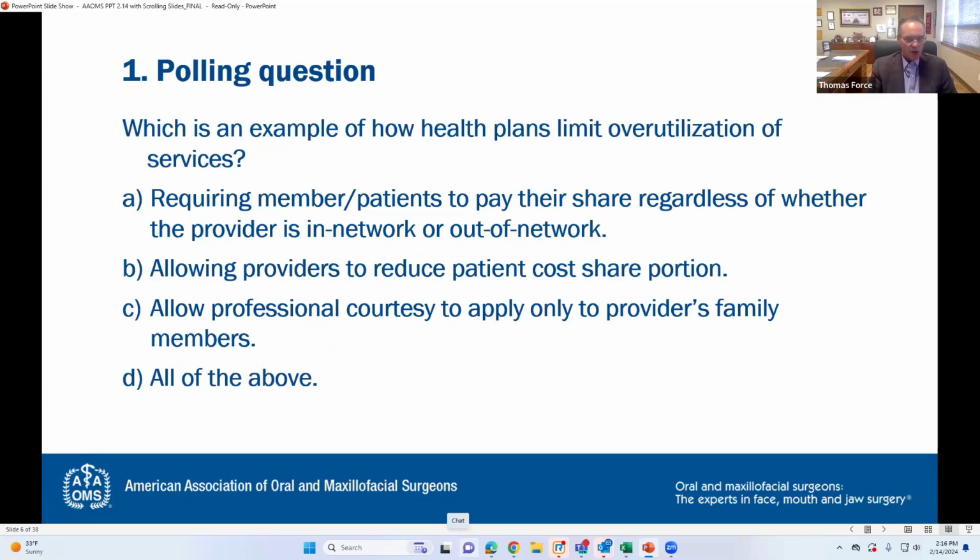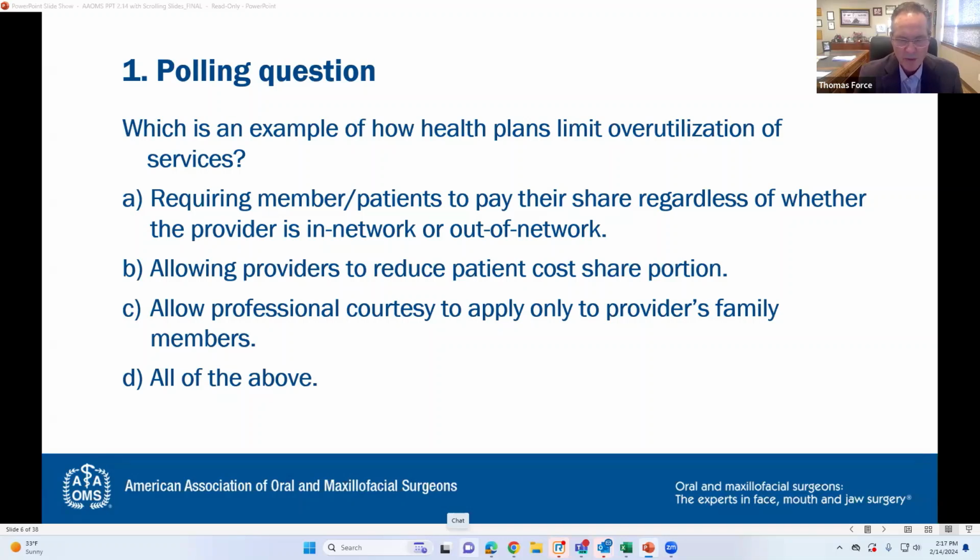So here's your first polling question. Which is an example of how health plans limit overutilization of services? And here are the answers. A, requiring member patients to pay their share regardless of whether the provider is in or out of network.